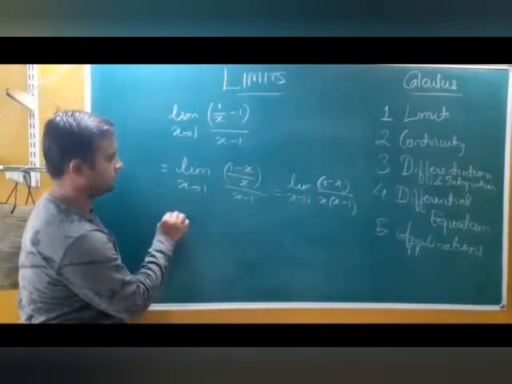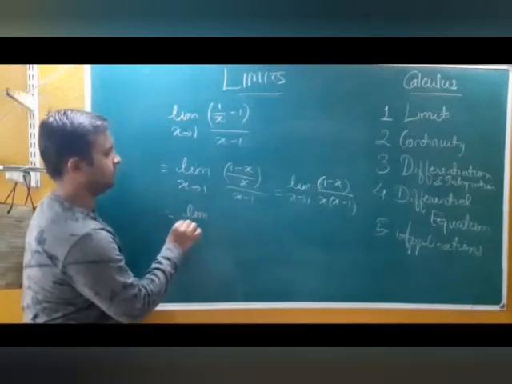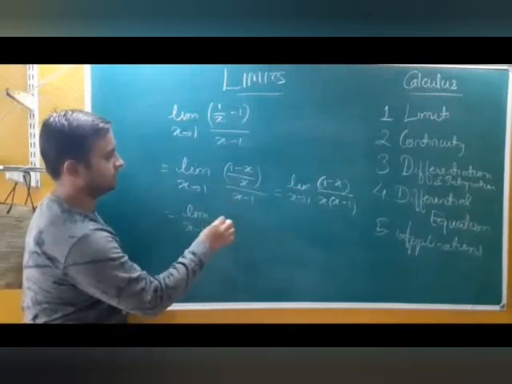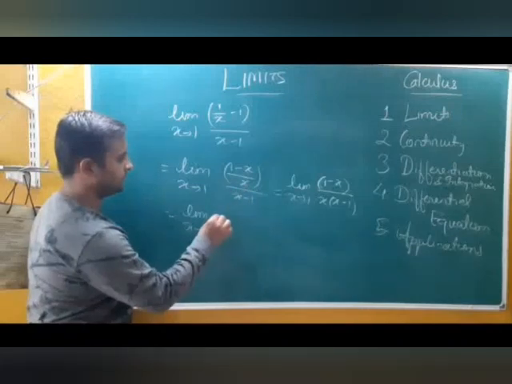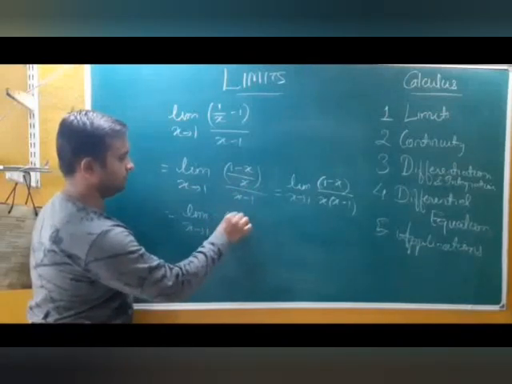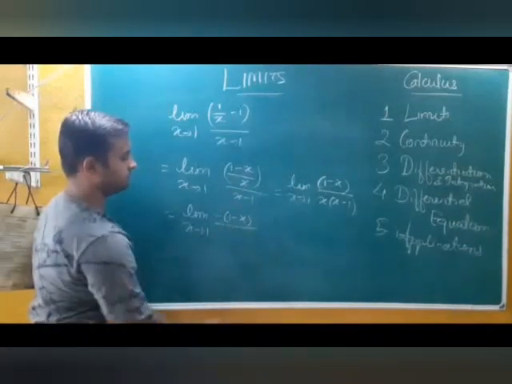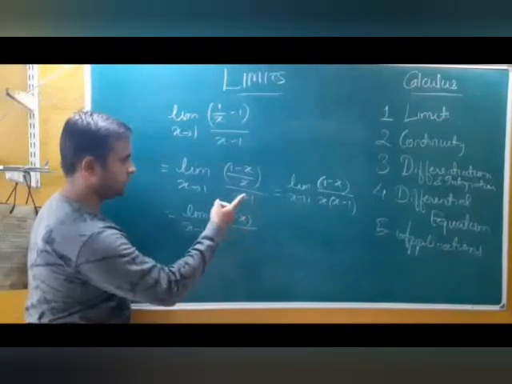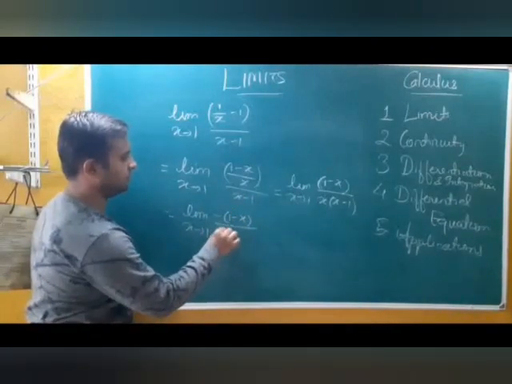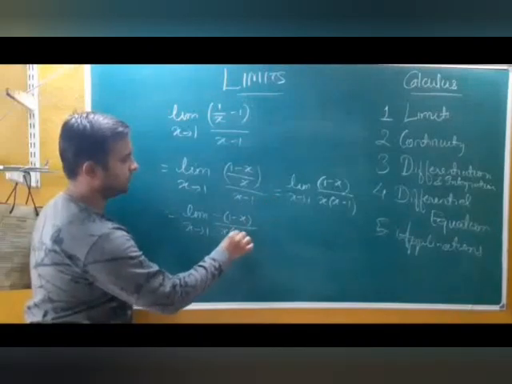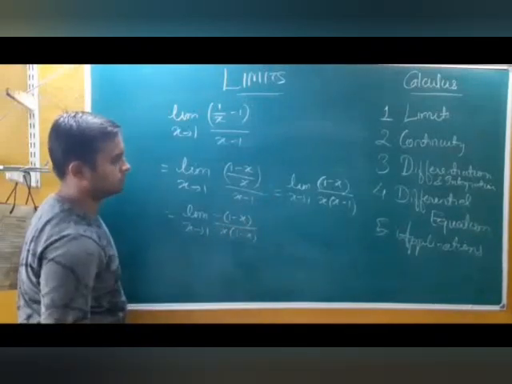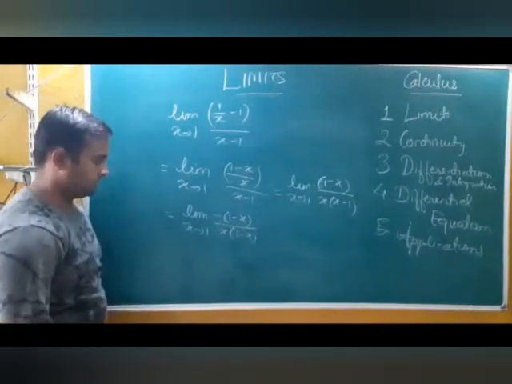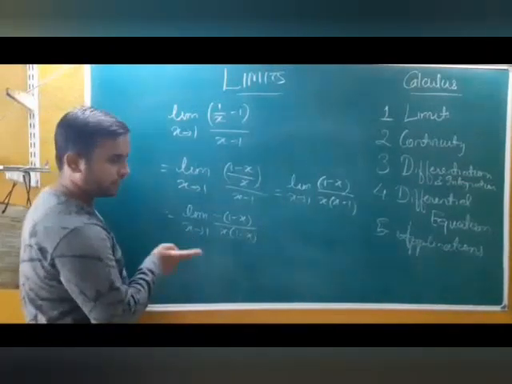Let me write it like this. Limit x tends to 1. Instead of 1 minus x, I'll write minus of 1 minus x. If I am taking minus as common, I will write x minus 1 as 1 minus x. No issues, right? You know, x is tending towards 1.